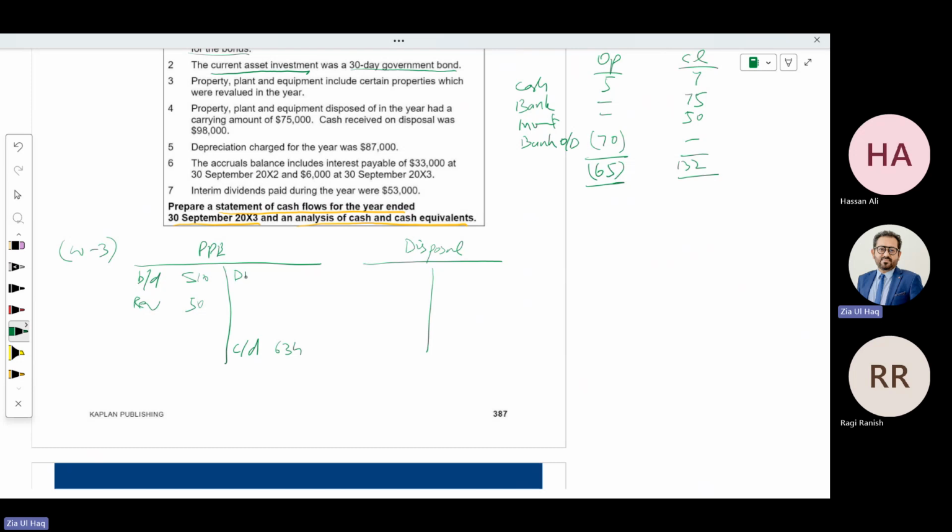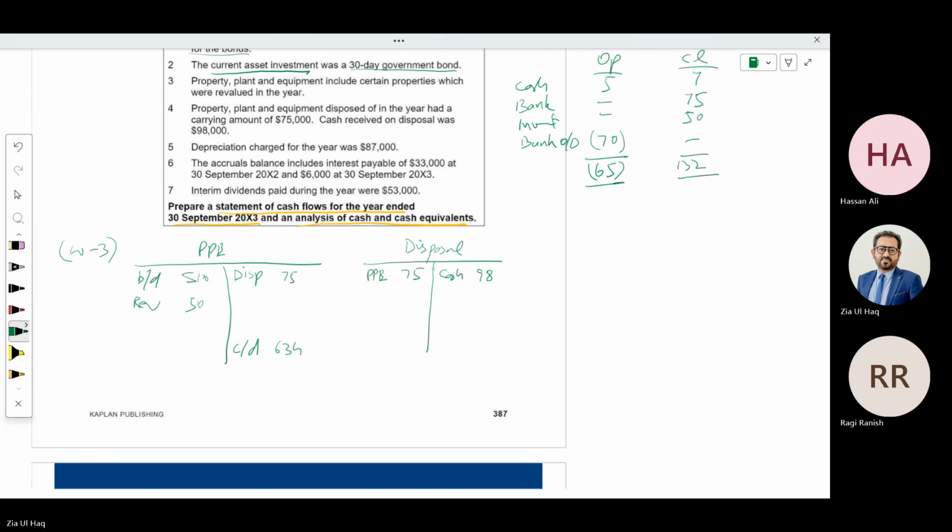So we record to disposal that 75, and disposal will become debit against property, plant and equipment with 75. And we received cash of 98,000, cash debit, disposal credit. This cash we received by selling the asset.